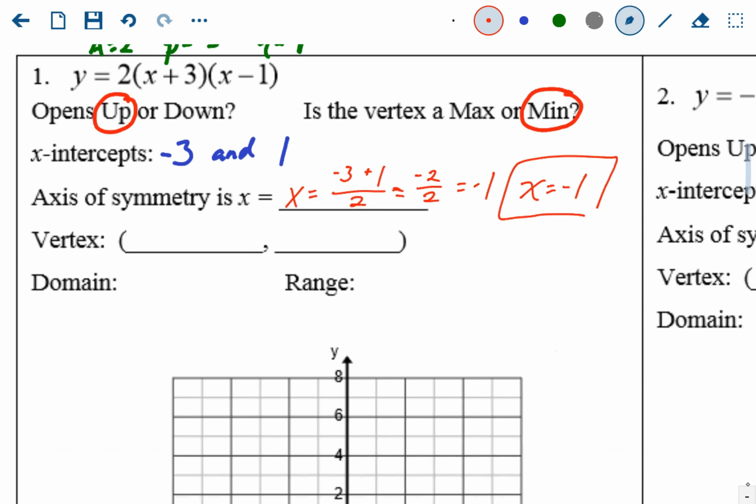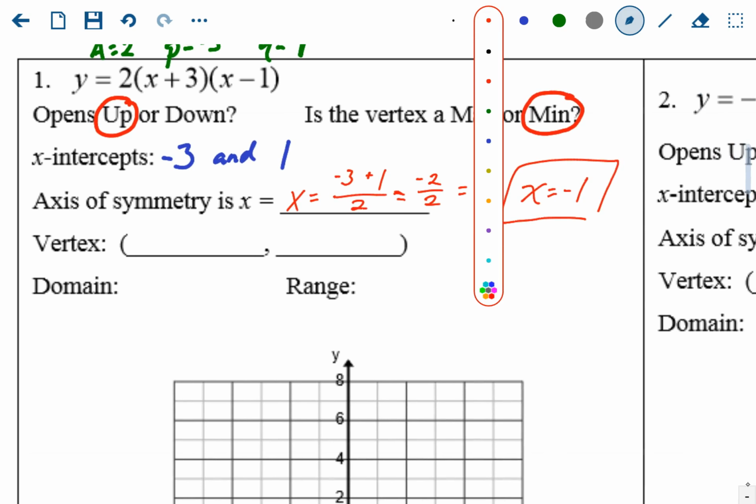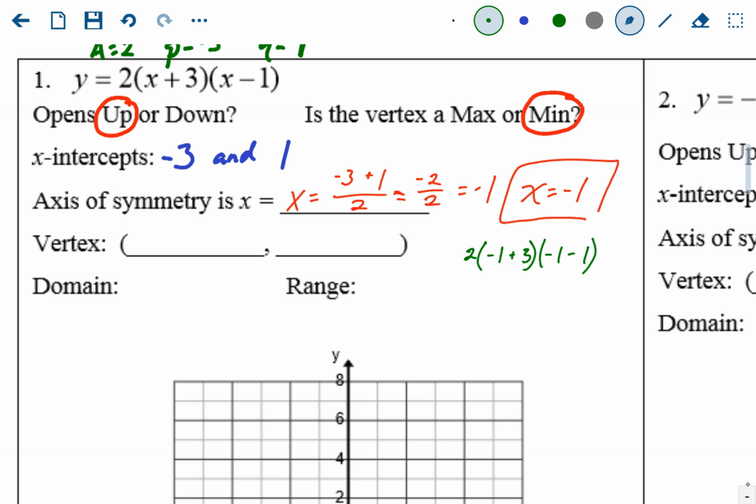And the vertex, we can find the vertex by plugging in the axis of symmetry. Okay. Our equation was 2 times (X plus 3) times (X minus 1). But instead of X, we're going to plug in negative 1. Negative 1 plus 3, times negative 1 minus 1.